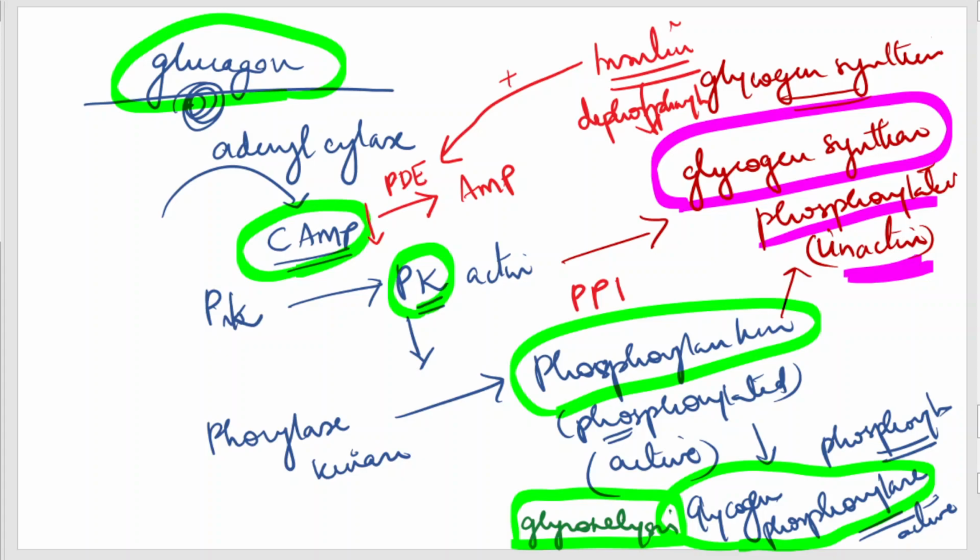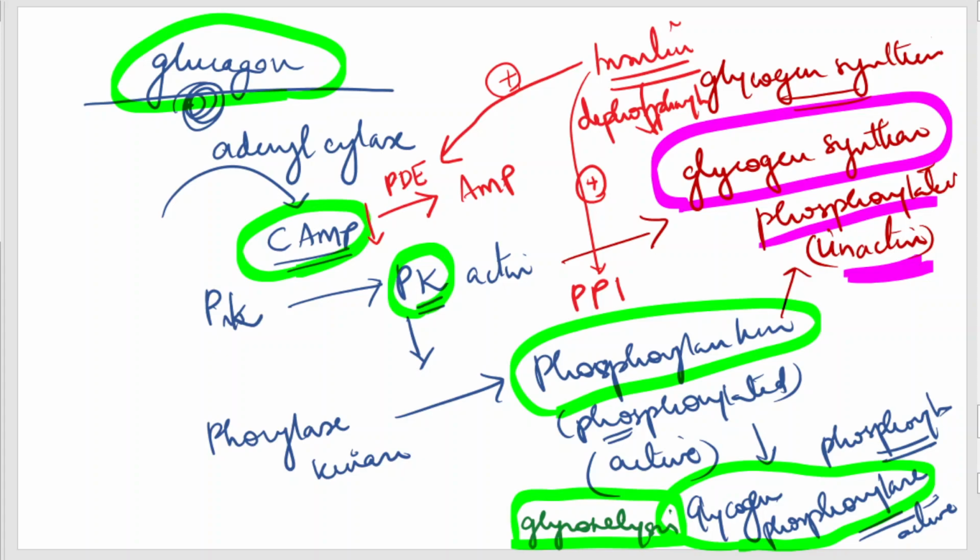That is also activated by insulin, so the phosphorylation process will not happen. Insulin brings about dephosphorylation of glycogen synthase and glycogen synthesis can take place.